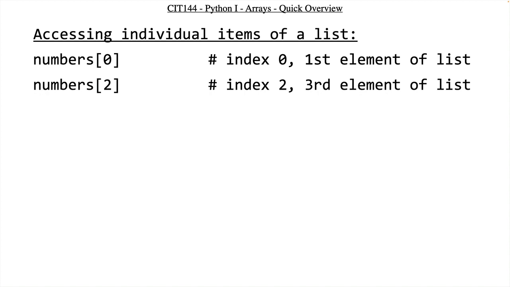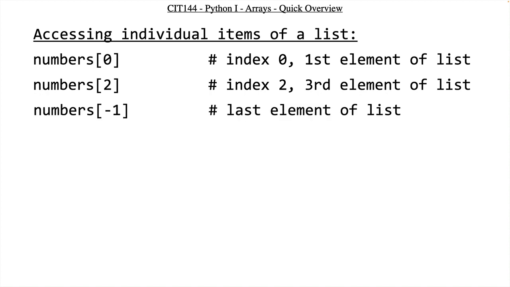And then some modern languages, including Python, allow you to have negative indices. So a positive number is from the beginning of the list, a negative number is from the end. So if I reference numbers at location -1, that's going to give me the last element of the list.